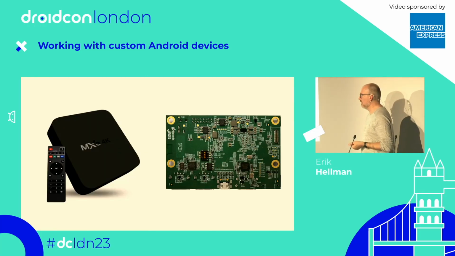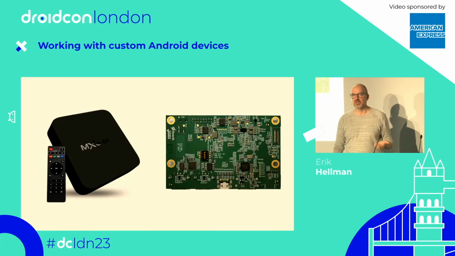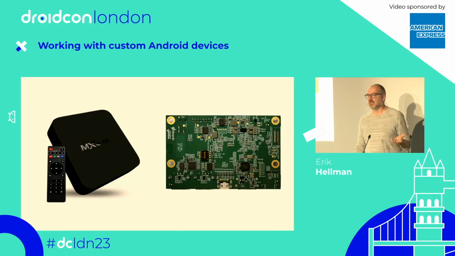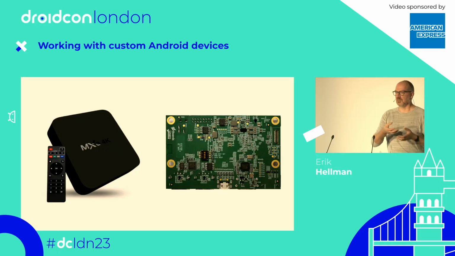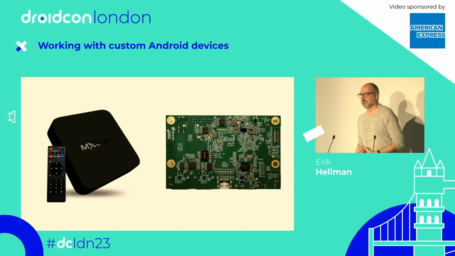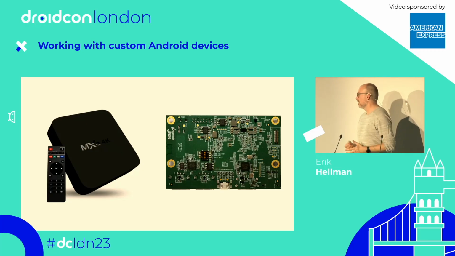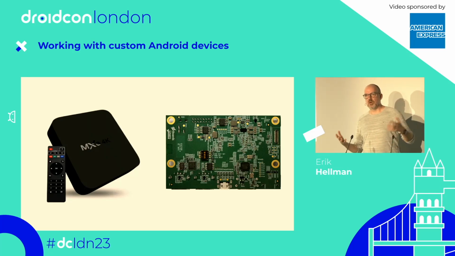More commonly, if you're ever going to end up working with custom Android devices, it's something like this. It's an Android TV. Every broadband carrier, telecom carrier, wants their own Android TV so they can tie in their customers, so that they can provide services and sell more stuff and charge more money. You know how it is. So they make an Android set-top box instead of the old set-top boxes, which were proprietary.